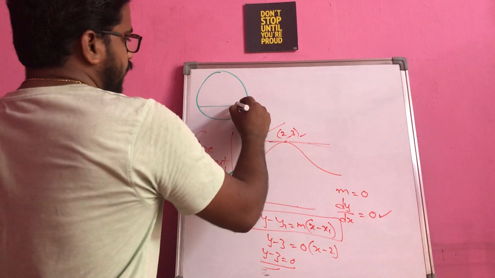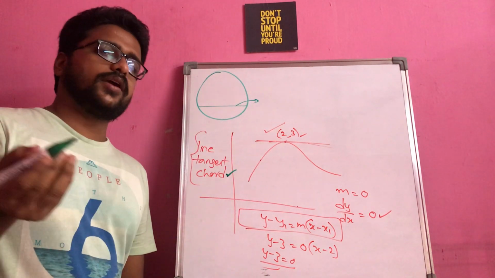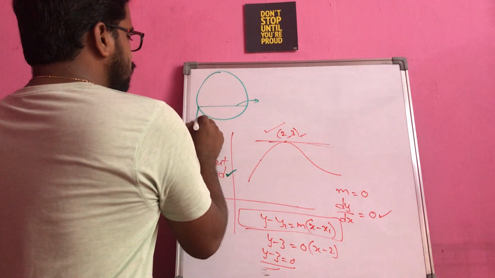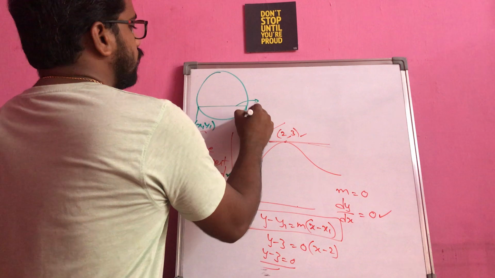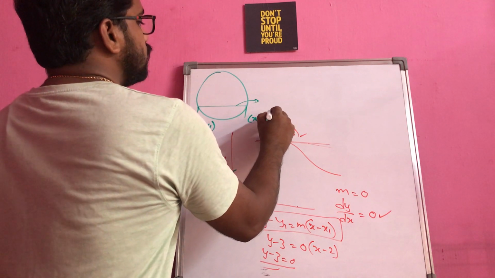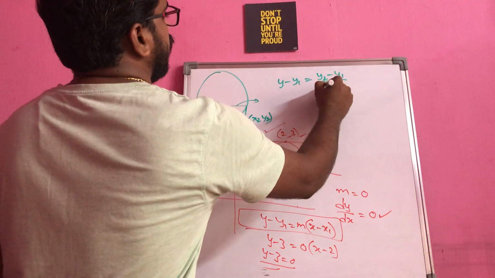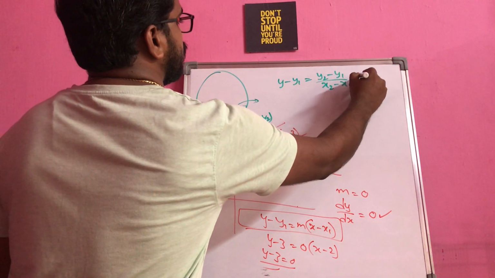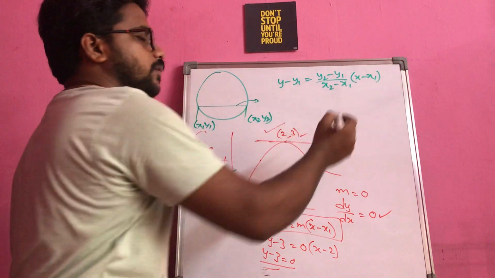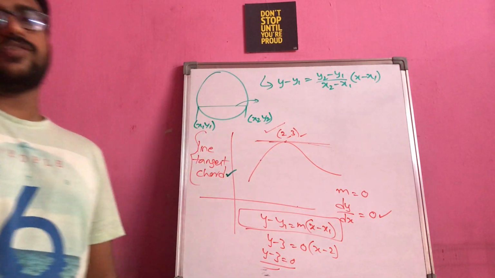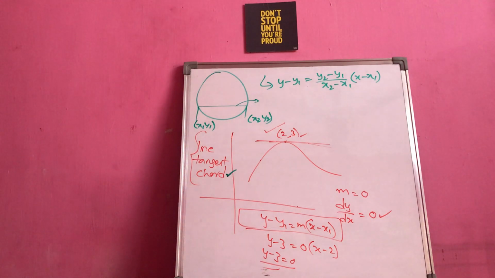So even to find this equation, you can use the same approach, because this is passing through the points say (x1, y1) and (x2, y2). Still I can use the formula y minus y1 is equal to (y2 minus y1) by (x2 minus x1) into (x minus x1). That is the two-point form you can use to find the equation of a given chord.